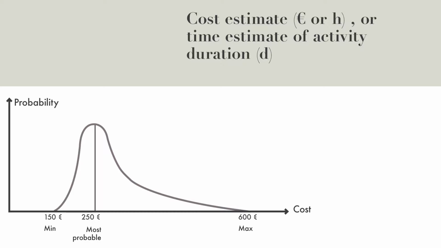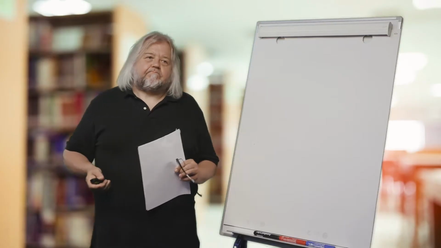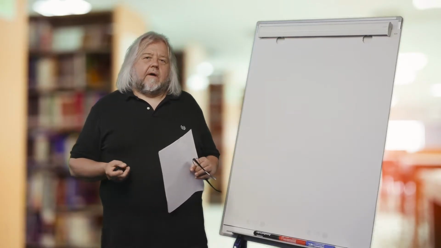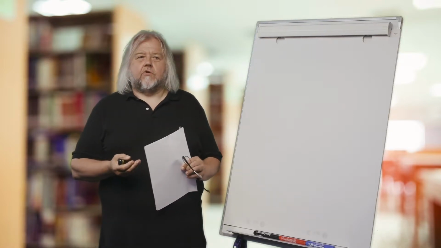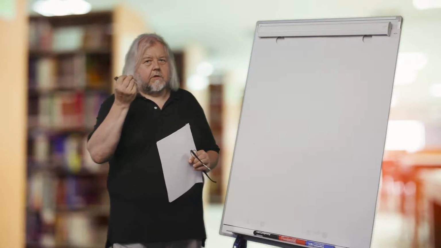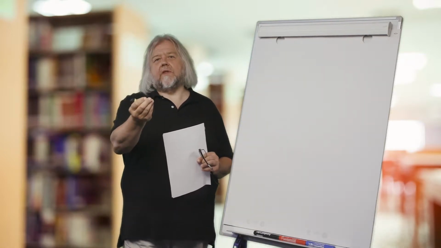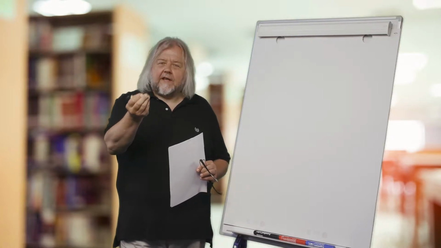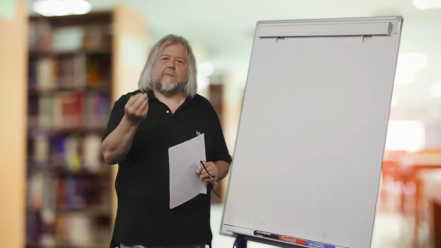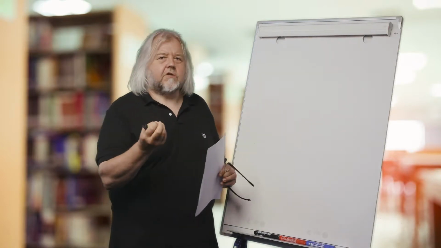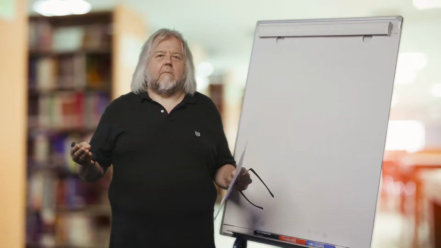We could as well use this kind of estimating to estimate the duration, for example, project duration or activity duration in days, or we could use that for estimating man hours, so not necessarily only cost. When we have given these three values, we have considered qualitatively, by discussing within our project team, that the material prices, man hours spent, and the estimate uncertainty are the reasons why this cost variation might happen.